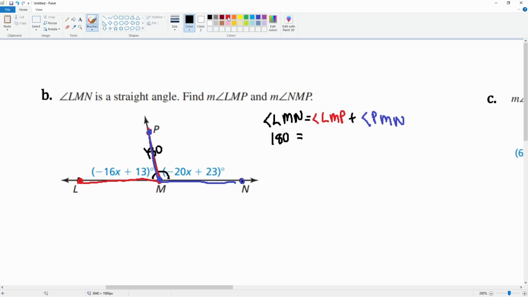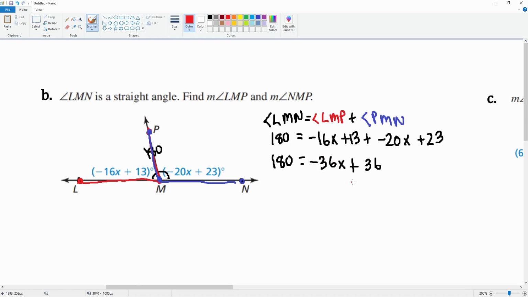That's going to be equal to angle LMP, which is negative 16x plus 13, plus the other angle, which is blue, negative 20x plus 23. Let's combine like terms and solve. Nothing happens to the 180, so we bring that down. Negative 16 and negative 20 gets us negative 36x. 13 plus 23 is 36.